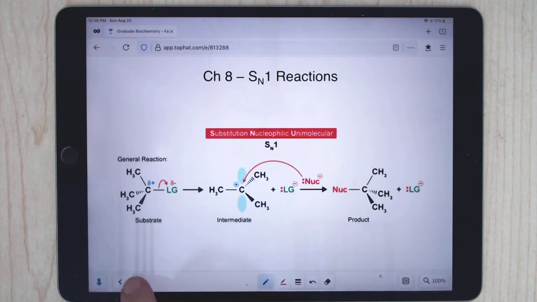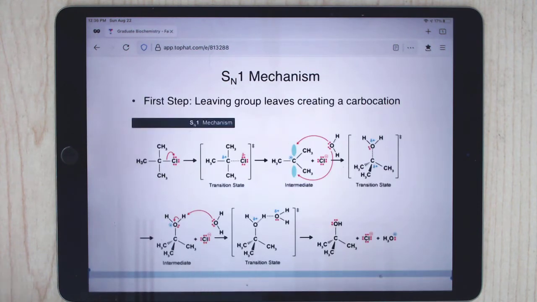And so that's why it's called an SN1. SN2 reactions happen in one step, one big concerted step. SN1 reactions actually happen in two steps. The first thing that happens is the leaving group leaves. It's just going to break apart. It's going to say, I'm out of here.